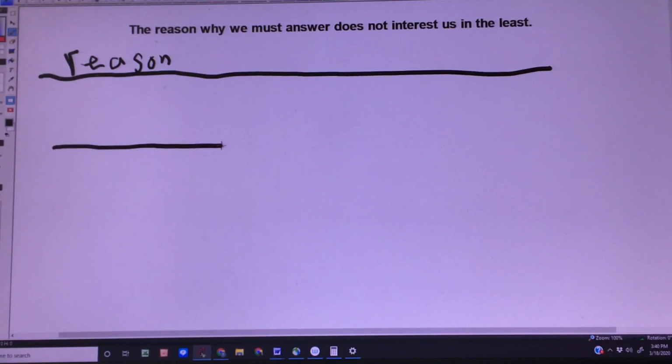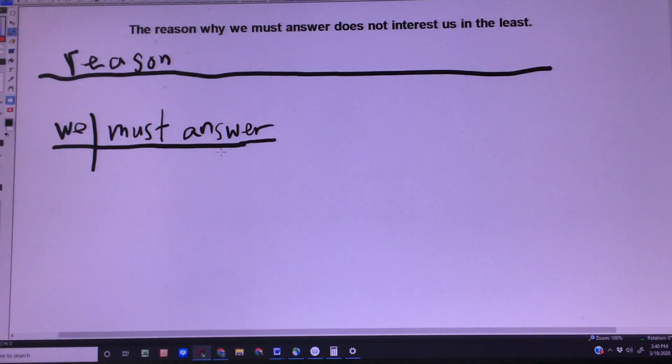So the relative clause is why we must answer. So the subject is we. The verb phrase, 2 words long, a modal verb, must, and the main verb, answer. And why must we answer? Why? That's why.